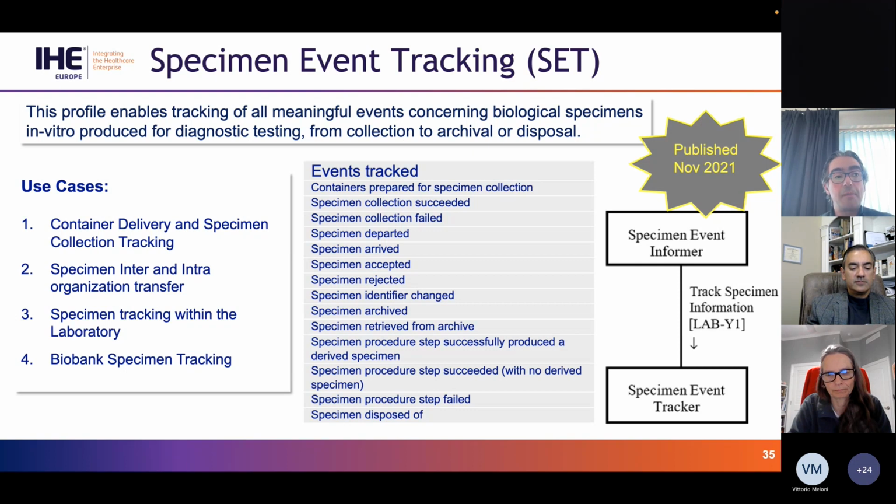The same could also happen inside the same hospital between, for example, a ward and the laboratory. The third one involves tracking within the laboratory, related, for example, to the laboratory analytical workflow profiles.